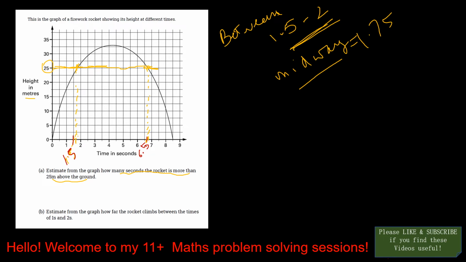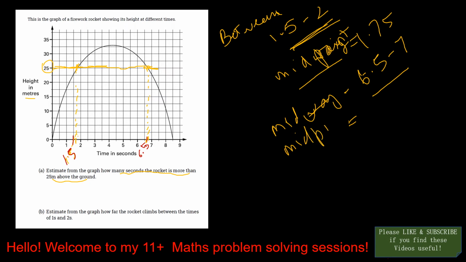The other midpoint, between 6.5 and 7, is 6.75.